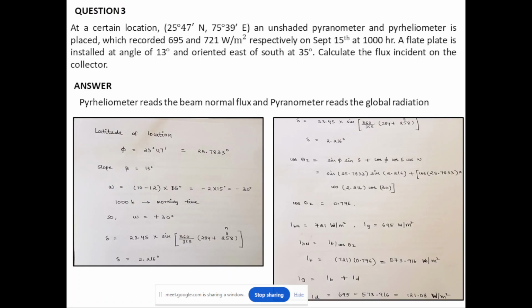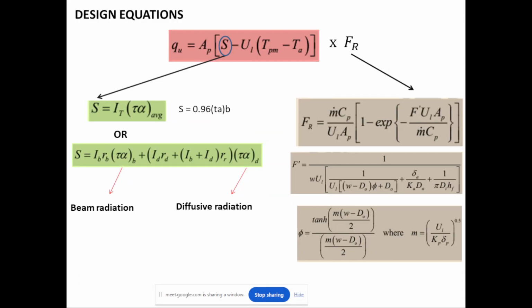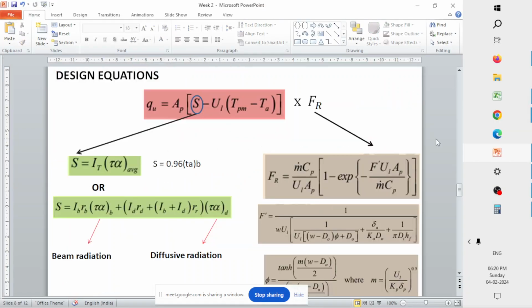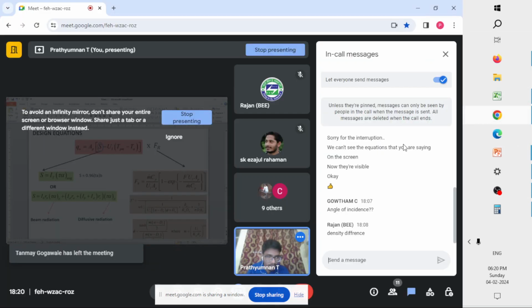Does anybody have any doubt till here? If you are not able to understand some expressions, or you are unable to understand something in the lecture, you can ask me now. Anybody?